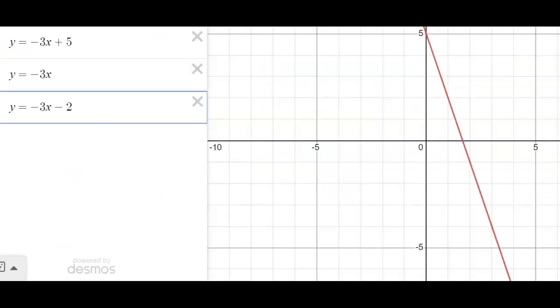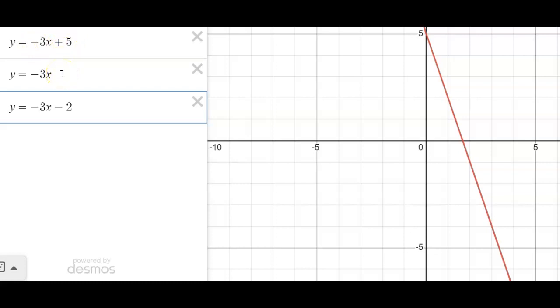To answer that question, you may want to just go to Desmos and do a little bit of an experiment. If you change certain things about the equation and keep other things the same, you'll notice something about the graphs. So this red graph shows the graph of the function -3 times x plus 5.